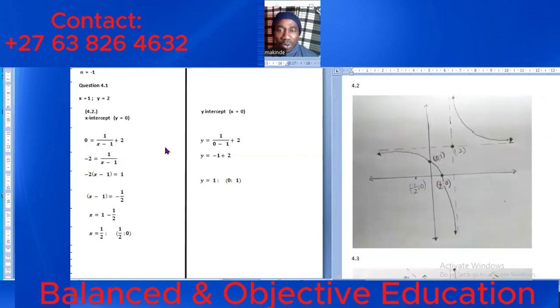Now, to draw our graph, we need to pay attention to this numerator here. The sign in front of this numerator plays an important role in the placement of your curves. The sign here in this case is positive. So it means that you must look for the x and y axis whose multiplication will give you a positive answer.